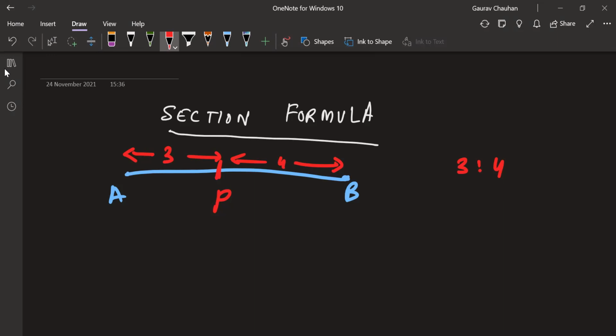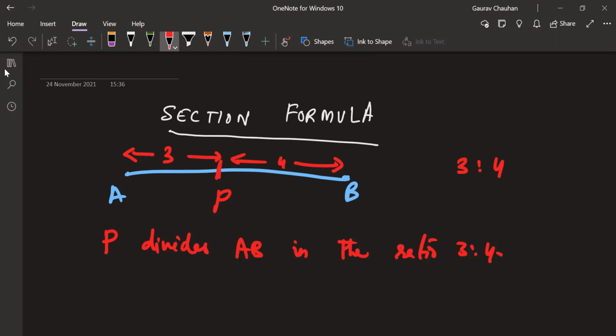So basically we will say that P divides AB in the ratio 3:4. Does this make sense for everyone? P is making a section in the line segment, such that the two sections are in the ratio 3:4. Okay with this so far?